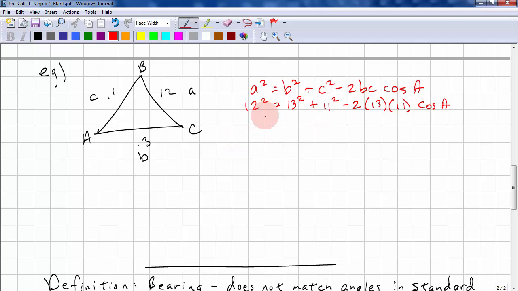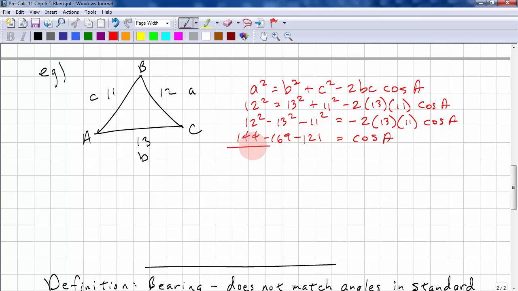So first of all, let's move this over to the other side. So we have 12 squared minus 13 squared minus 11 squared equals minus 2, 13, 11 cos A. Cos A equals, we can expand this, 144 minus 169 minus 121, and we're dividing this by this value, minus 2, 13, 11.